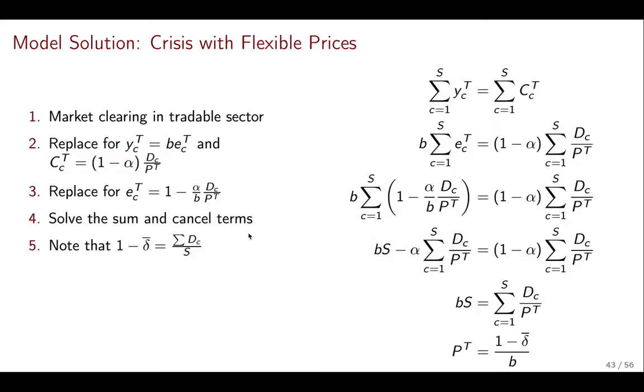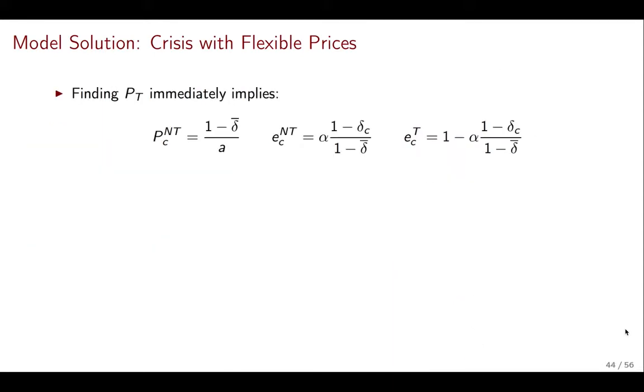Then the rest of the steps are just canceling and summing and realizing that the sum across all the demand shocks is equal to 1 minus delta bar, being the average of these demand shocks. And so this gives us a value for PT.